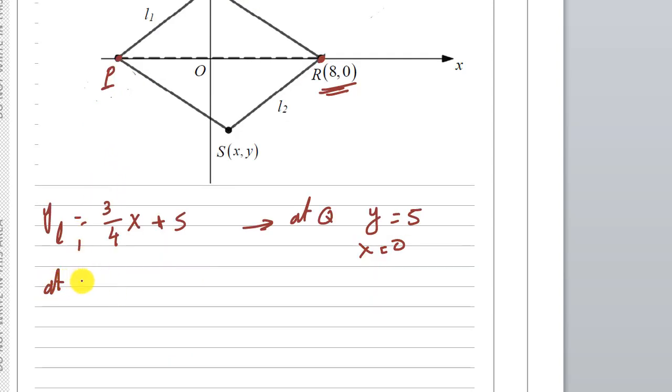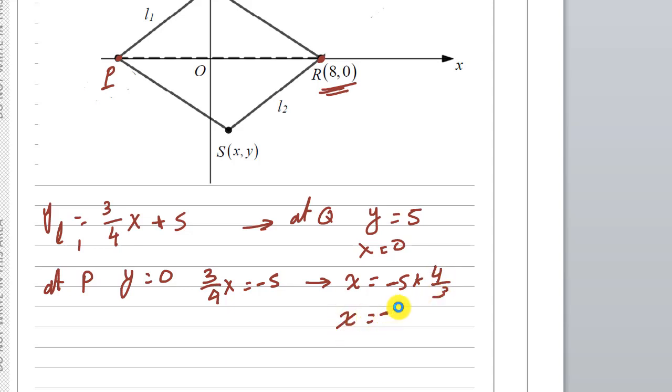So at B, y is equal to 0, so 3 over 4 x is equal to minus 5. From here, x is equal to minus 5 multiplied by 4 over 3. So x is equal to minus 20 divided by 3. So the point is (minus 20 divided by 3, 0).